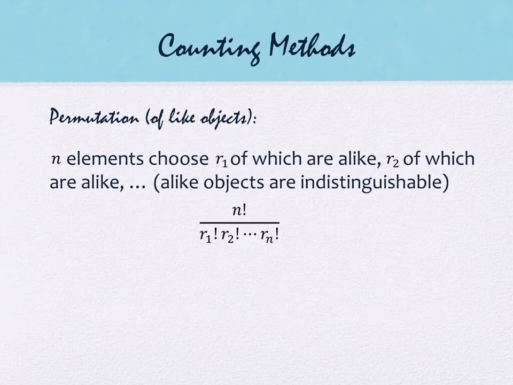And alike objects are indistinguishable. Then the number of ways of choosing all these different options is n factorial over r sub 1 factorial, r sub 2 factorial, all the way to r sub n factorial.